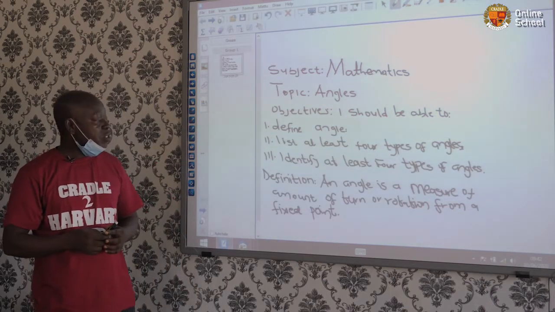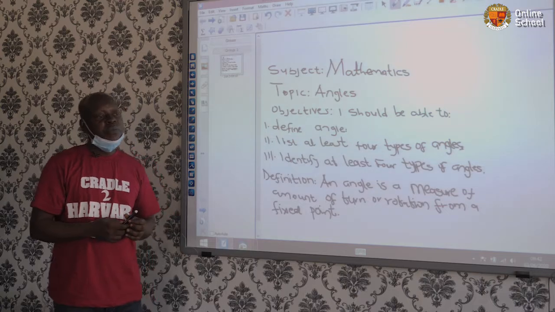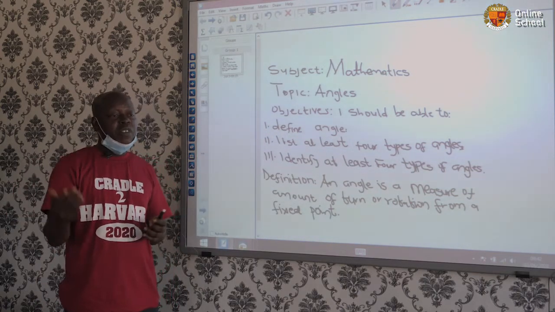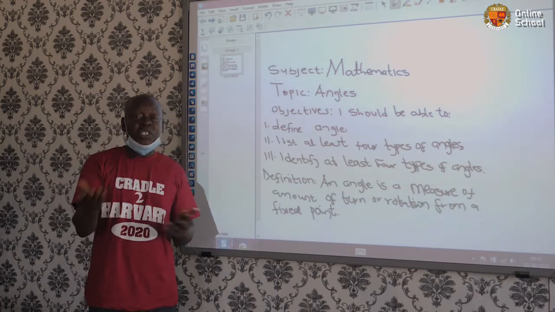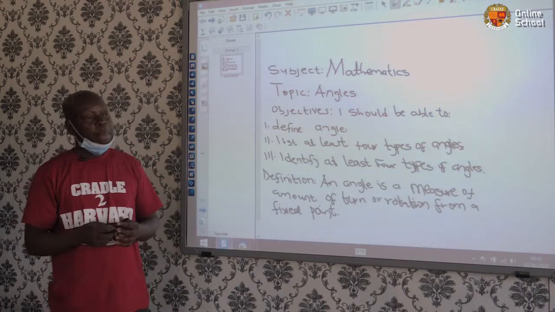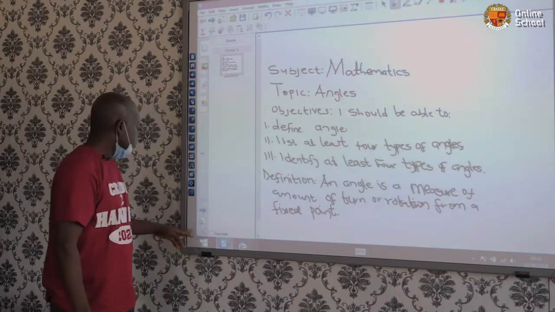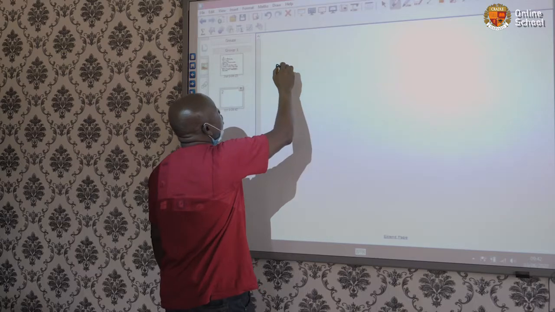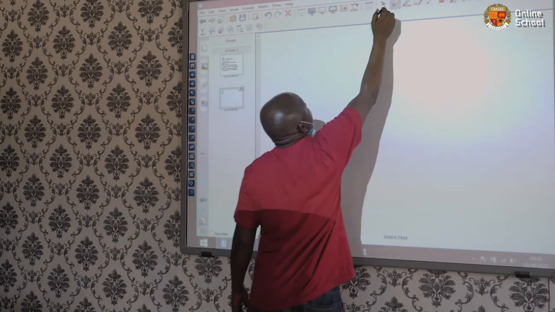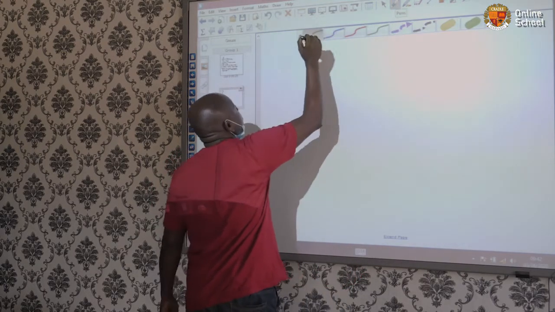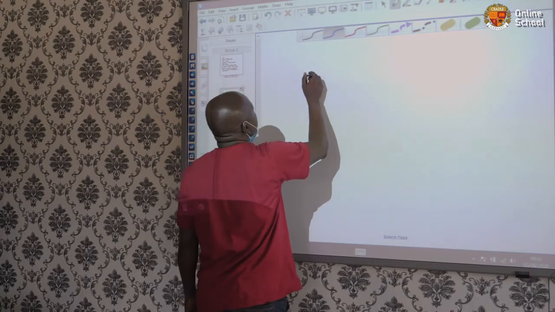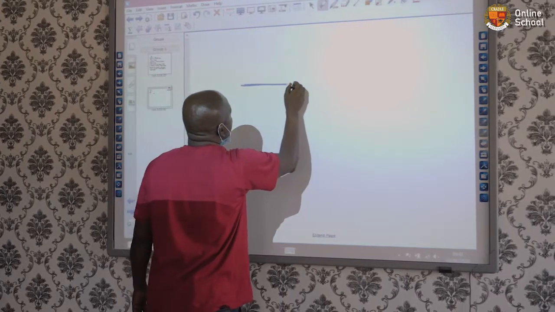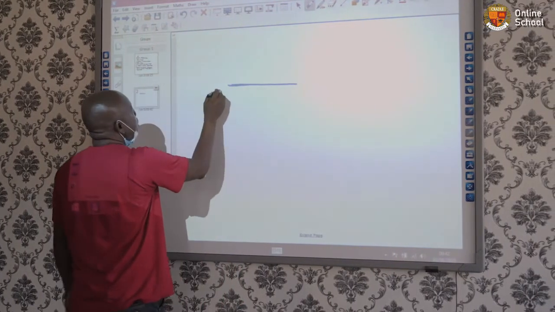Now, by definition, what is an angle? An angle is a measure of the amount of turning or rotation from a fixed point. How do I mean? If you have a straight line like this, this is the fixed point.